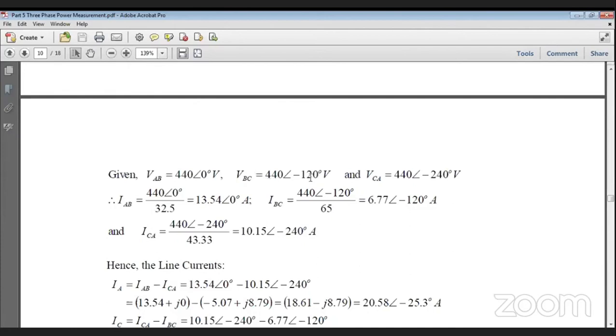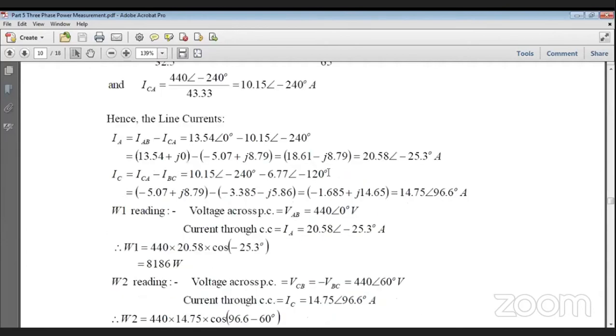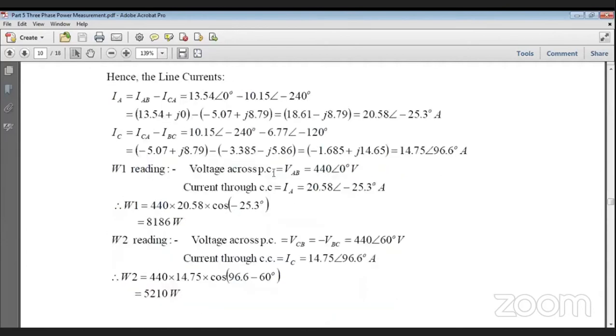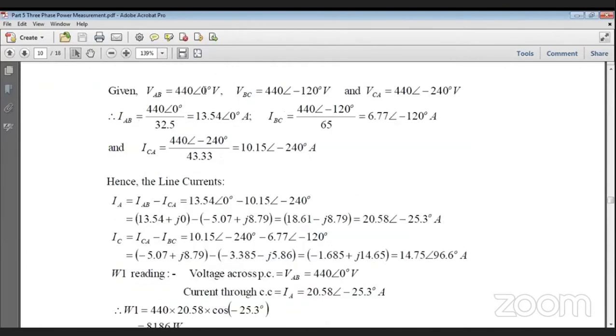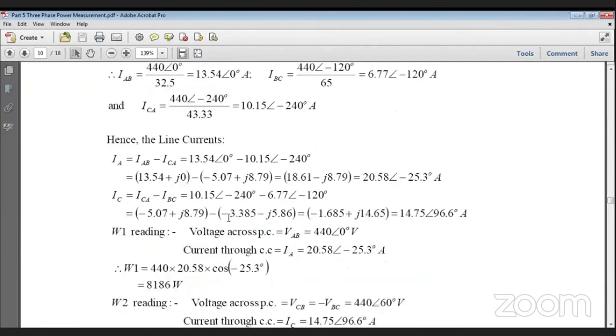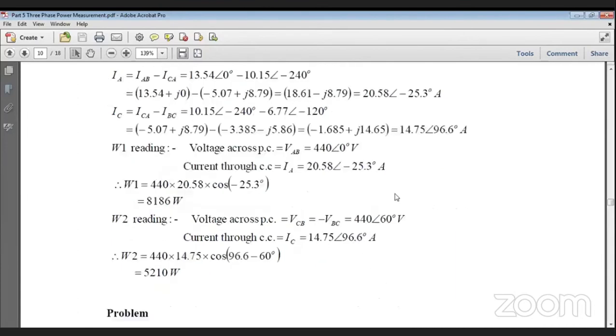So here you see W1 reading, the voltage drop is VAB, which is this one here. Then what is the current? IA. So W1 voltage across PC, that is the potential coil, is VAB. Current through CC is IA. So you have these two quantities. So power will be 440 multiplied by 20.58.